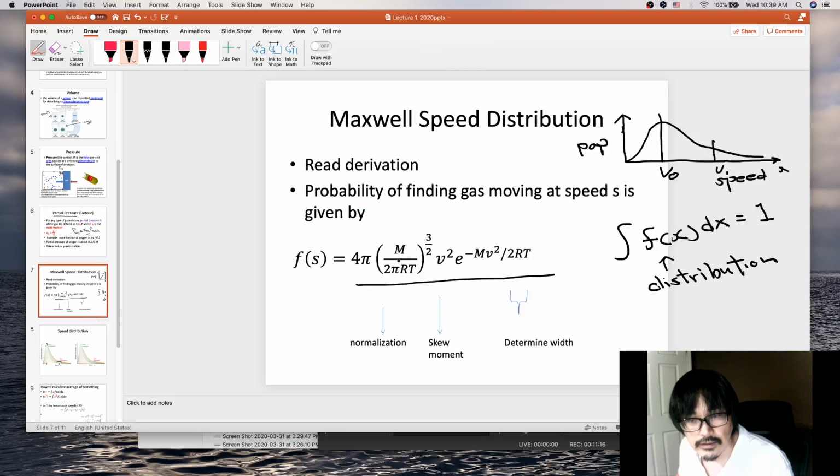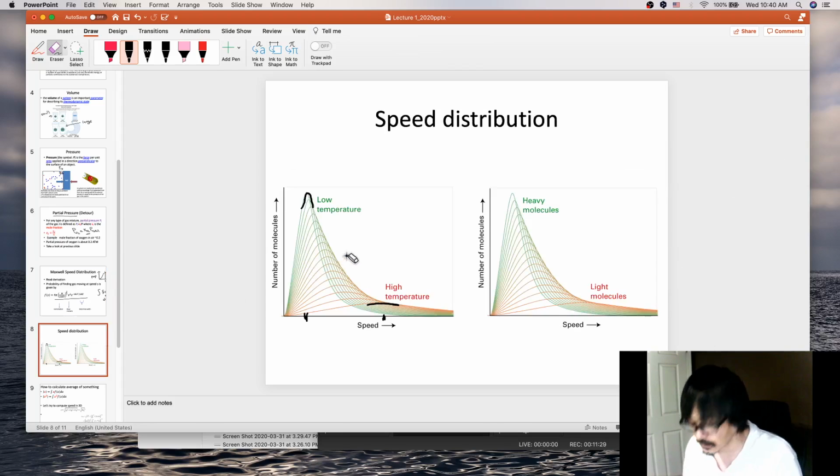And you notice that there is a mass term here, and a mass term here. I'll just try to erase those. So this distribution is mass dependent as well.